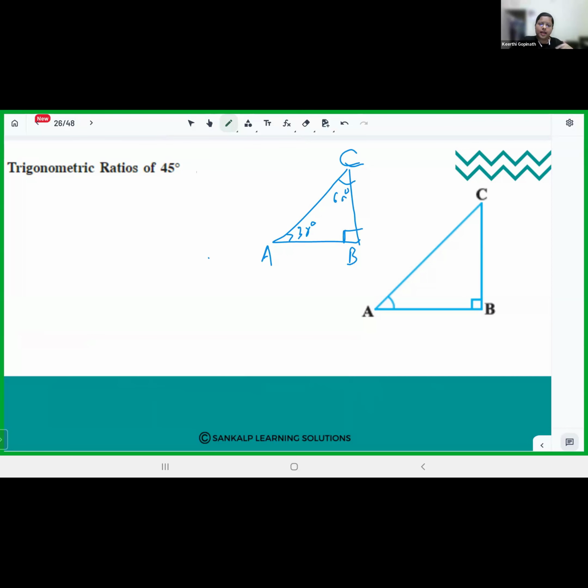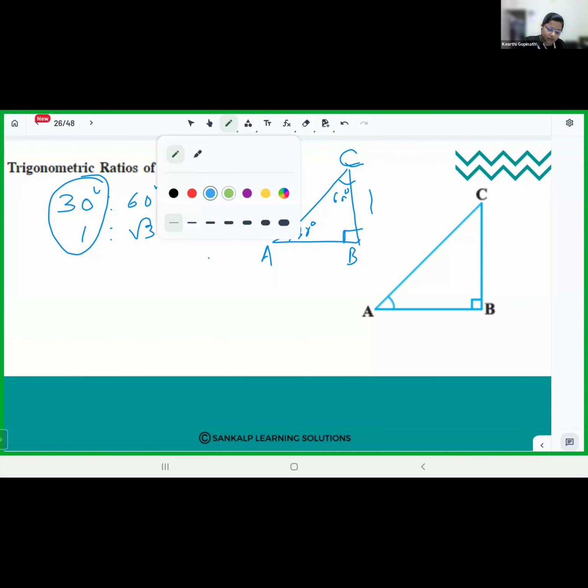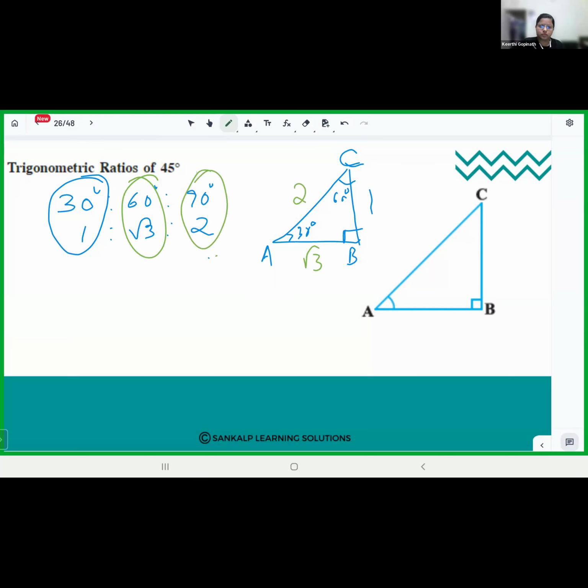Alright, so the ratio of the sides of this particular triangle with angles 30:60:90 degree will be 1:√3:2. That means the opposite side of 30 degree will be 1 and the opposite side of 60 degree will be √3 and the side opposite to 90 degree will be 2.